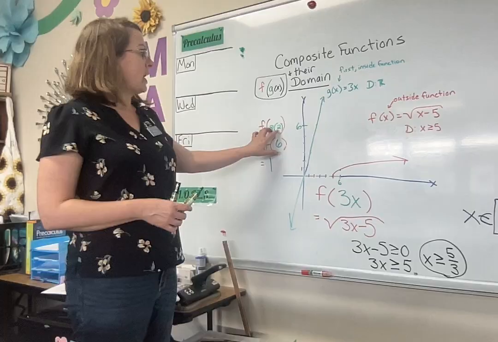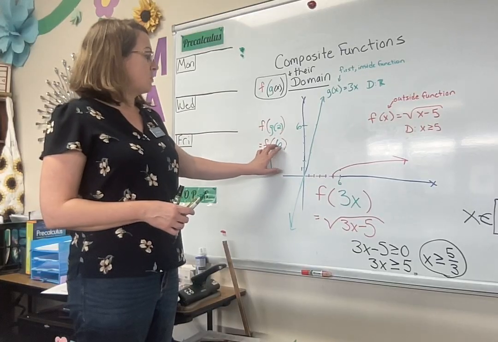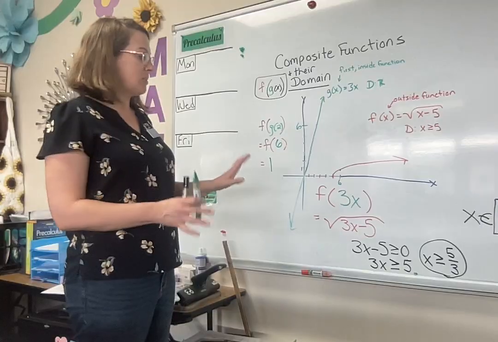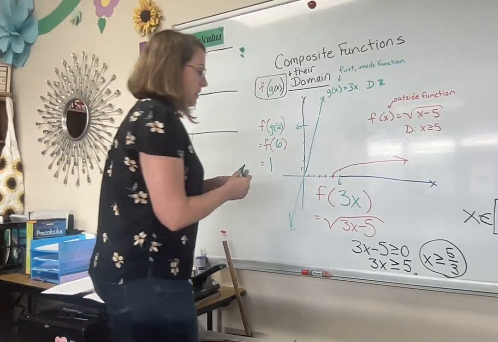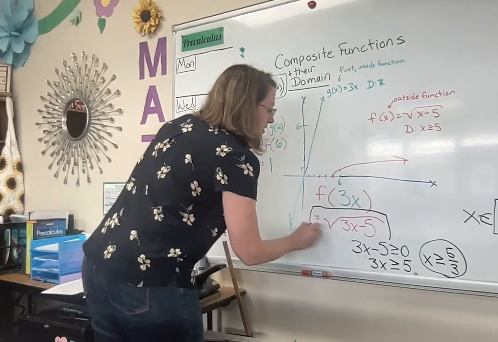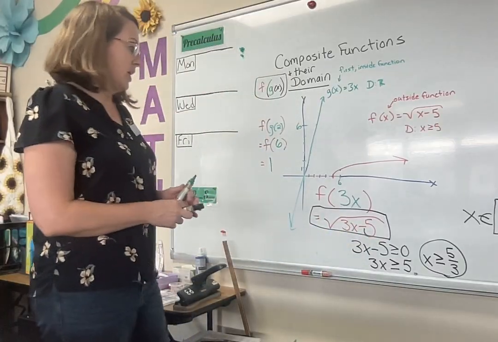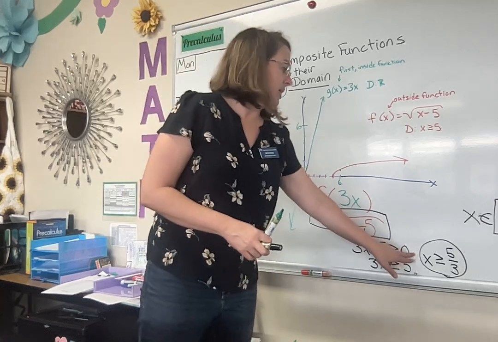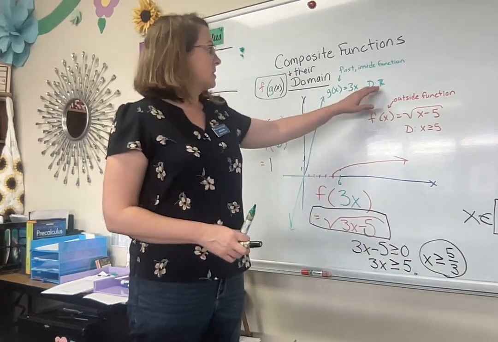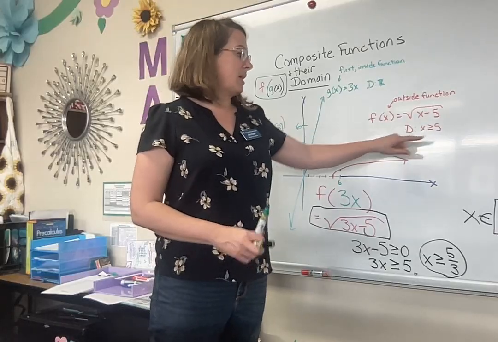So the range of g of x needs to be in the domain of f of x. And the simplest way to look at that is by focusing on the formula for our composite function. So we need to check whether x is in the domain of our composite function and whether it's in the domain of the inside function, but we don't need to worry about the outside function.